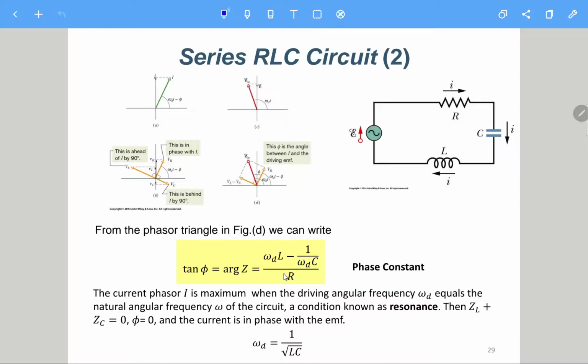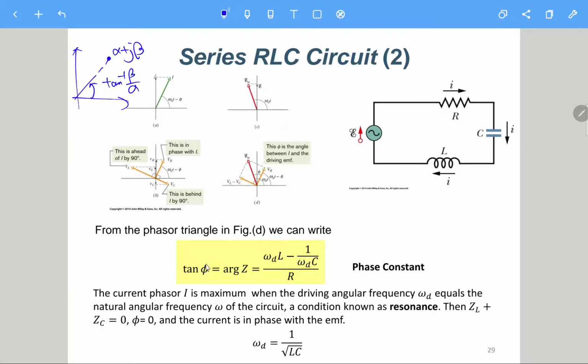Similarly, if we have alpha plus j beta, the phase is the angle from here to here. So this is actually arctangent of beta over alpha. This is the phase of this complex number.